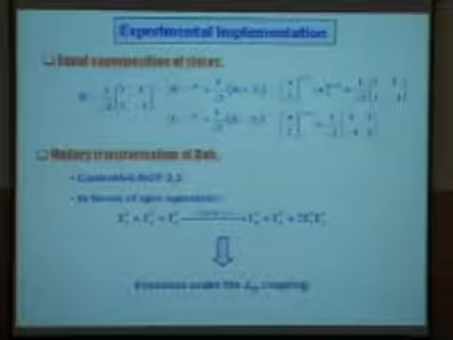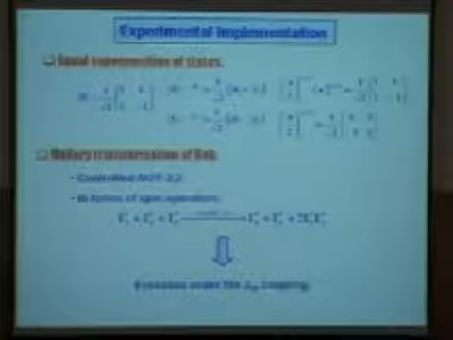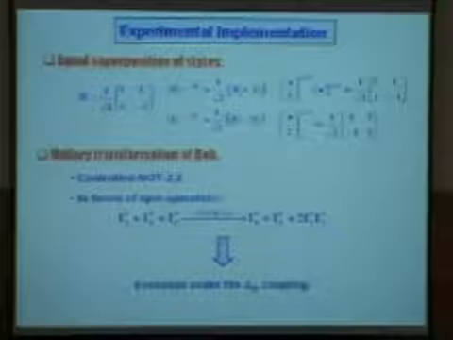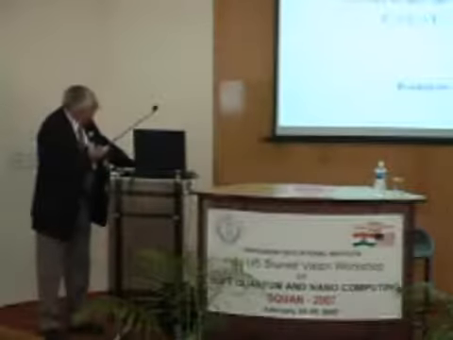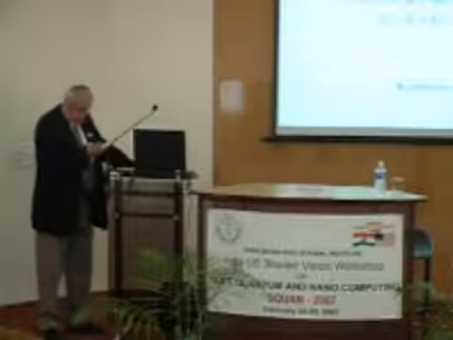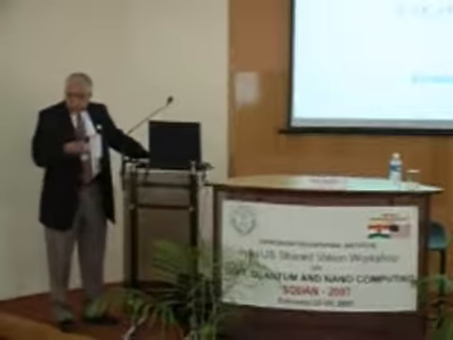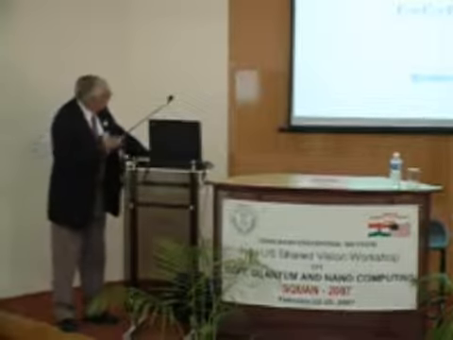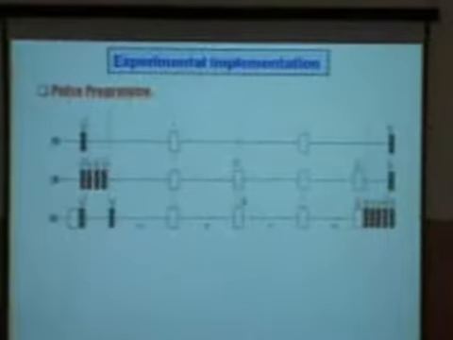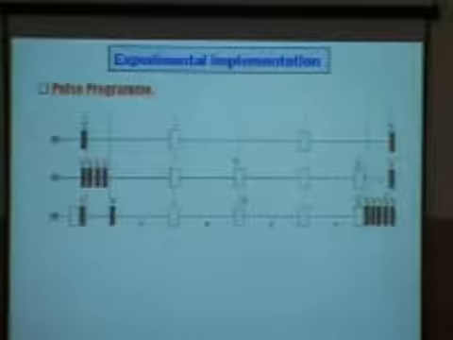Then you perform a unitary transform for Bob, which is the number that he has thought of. Then the controlled-NOT operation 2-3 is performed, which codes that he has thought of the number 0, 1. If he had thought of some other number, for example if the number was 2, then he would have performed controlled-NOT 1-3, and so on.